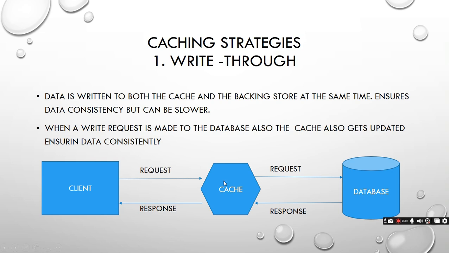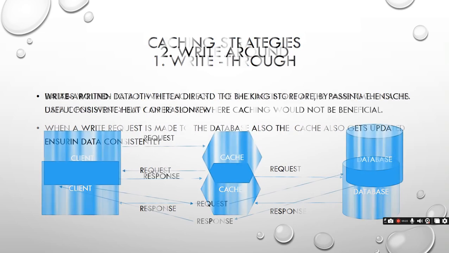For example, when your cache goes down and you make a write request, the request will go directly to the database. So when you update the database and not the cache, you'll have inconsistent data between the two. That's why write requests are made to both the database and the cache, ensuring data consistency.